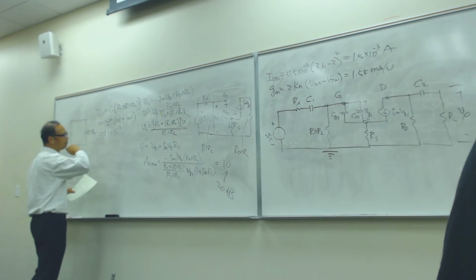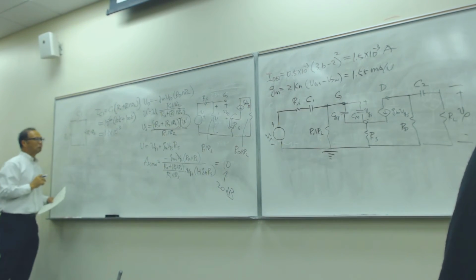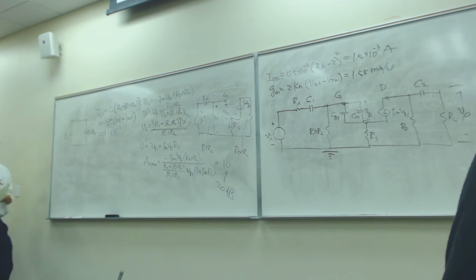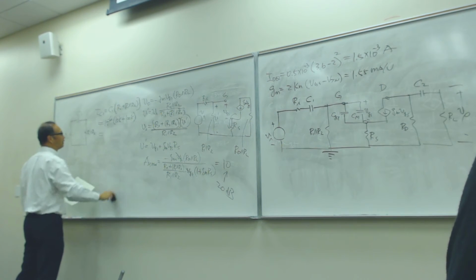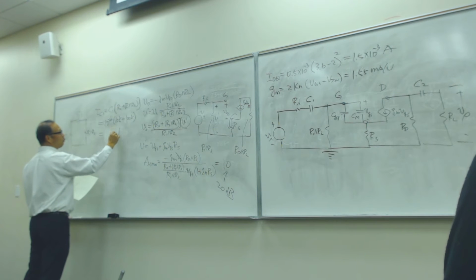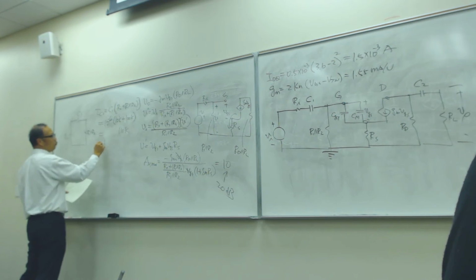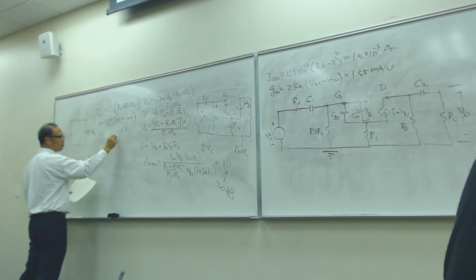No. No, that's about 0.1. Why is it? This is 110K, right? So it's a 110 times 10 to the minus 3.